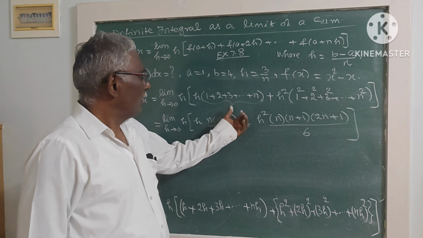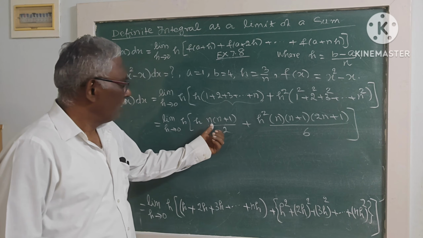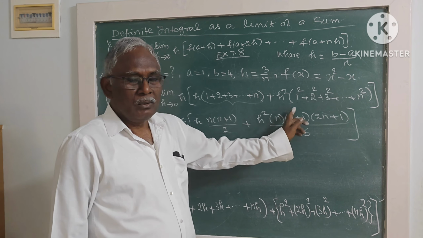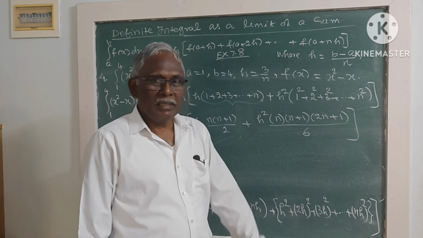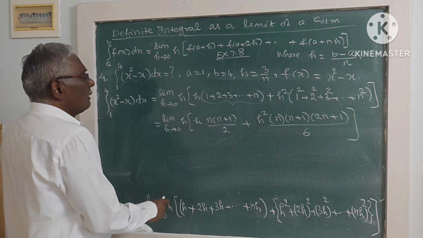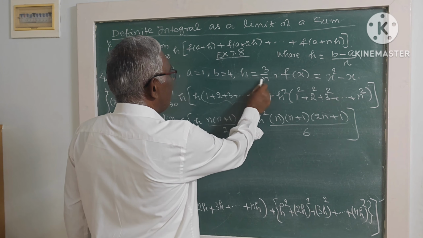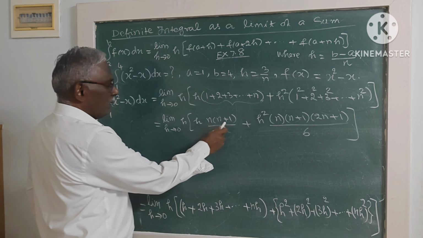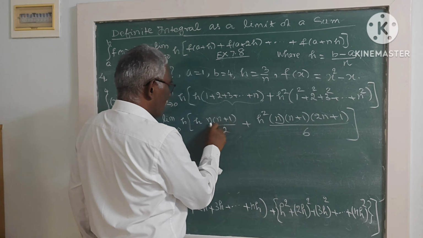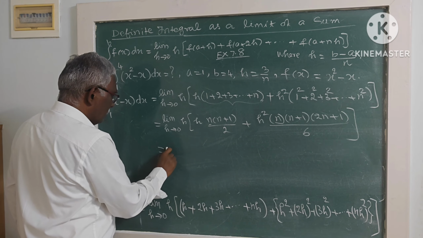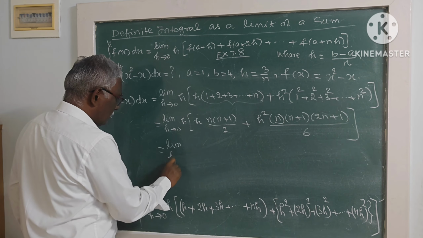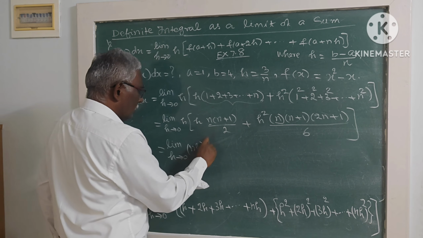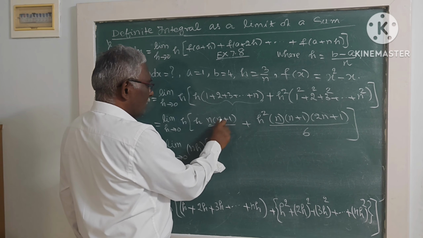We have to remember this formula. Sigma n is equal to n into n plus 1 by 2. Sigma n square is equal to n into n plus 1 into 2n plus 1 by 6. Now, what is the value of nh? nh is 3. So, wherever take one n outside, then multiply this by h.